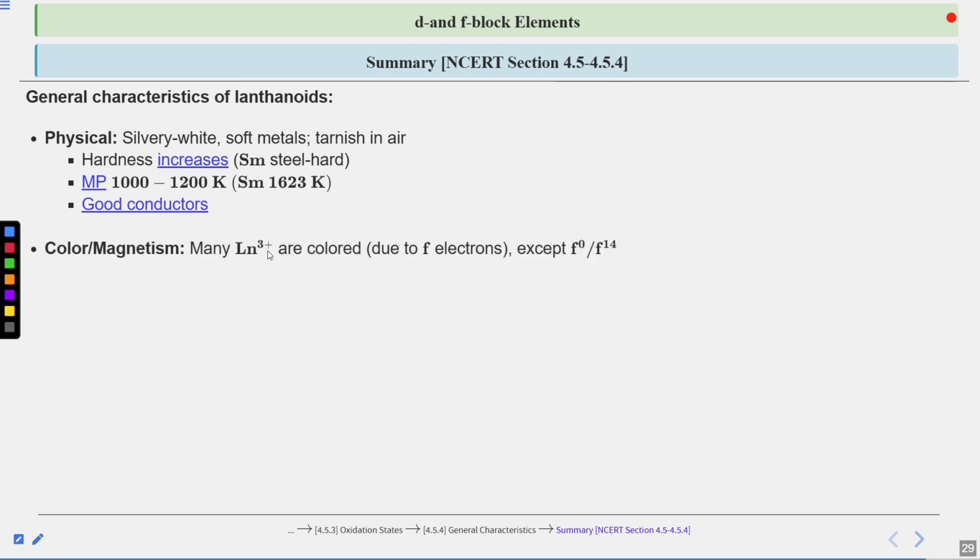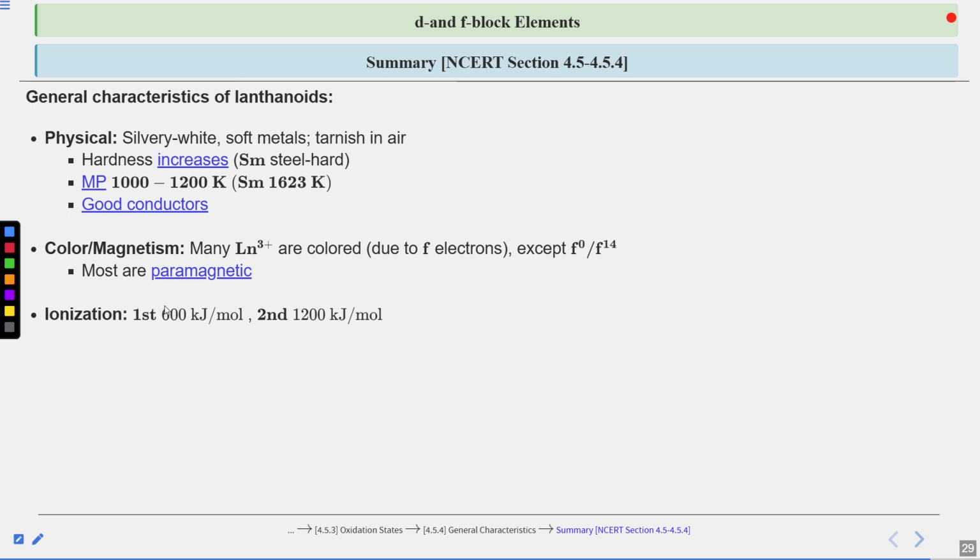The color and magnetism: many tripositive ions of lanthanoids are colored due to the f electrons present in them, except f0 or f14. Most are paramagnetic, so lanthanoids are mostly paramagnetic due to the presence of unpaired f electrons.